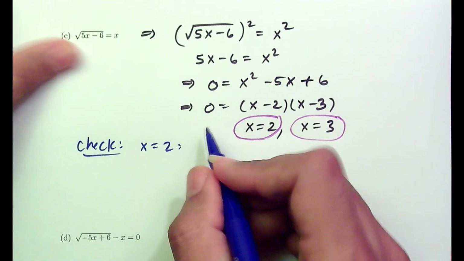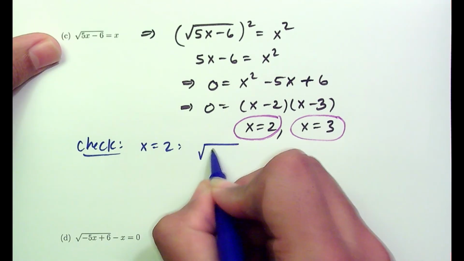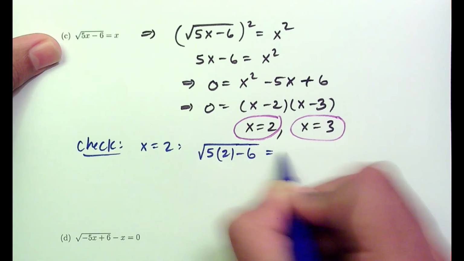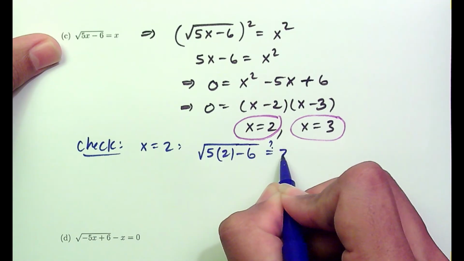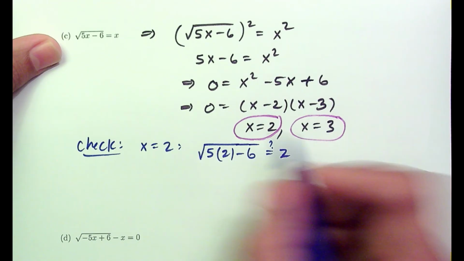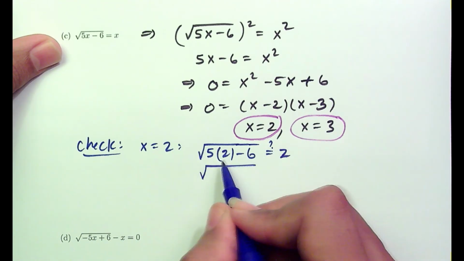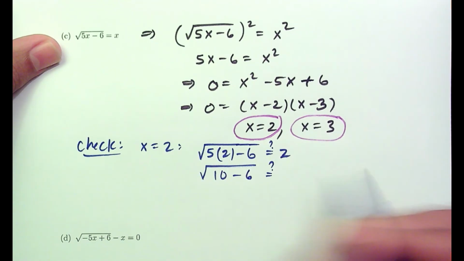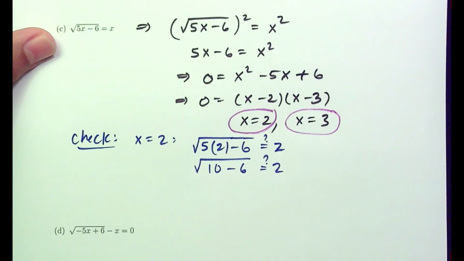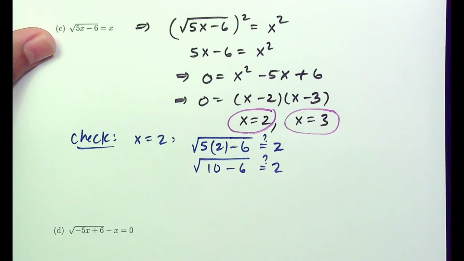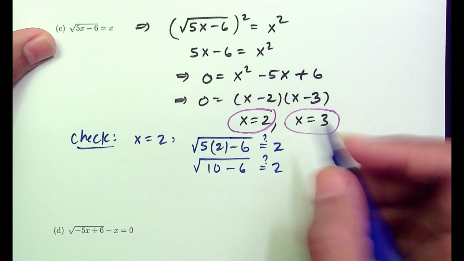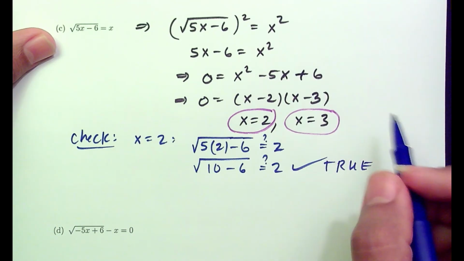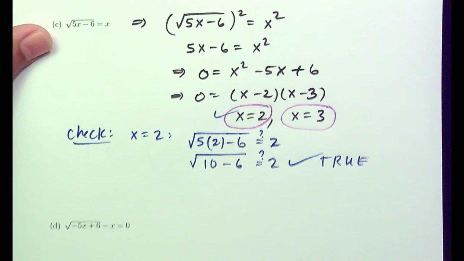If I plug in 2 there, is it true that the square root of 5 times 2 minus 6 equals 2? Well, 5 times 2 is 10. Is it true that the square root of 10 minus 6 is 2? Yes, because 10 minus 6 is 4 and the square root of 4 is 2. This is true. So that means x equals 2 works. That's a solution.